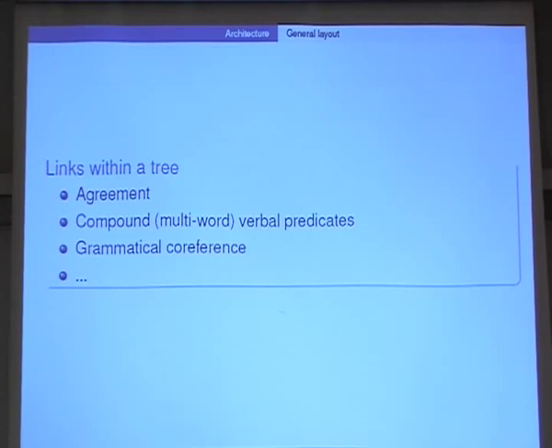So, for instance, if a user wants to see conditionals in a treebank, he or she can specify a query by which he or she can find all conditionals or all these phenomena which he or she searches.